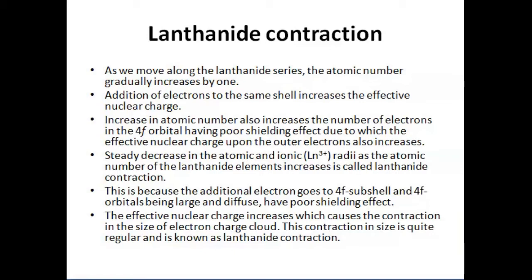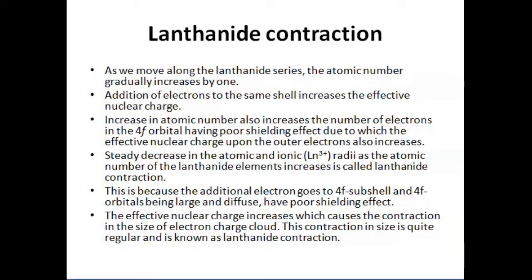So, increase in atomic number will also increase the number of electrons in the 4f orbital, that is going to have poor shielding effect, because of which the effective nuclear charge upon the outer electrons also increases. And steady decrease in the atomic and ionic radii as the atomic number of the lanthanide element increases, we call that concept as lanthanide contraction.